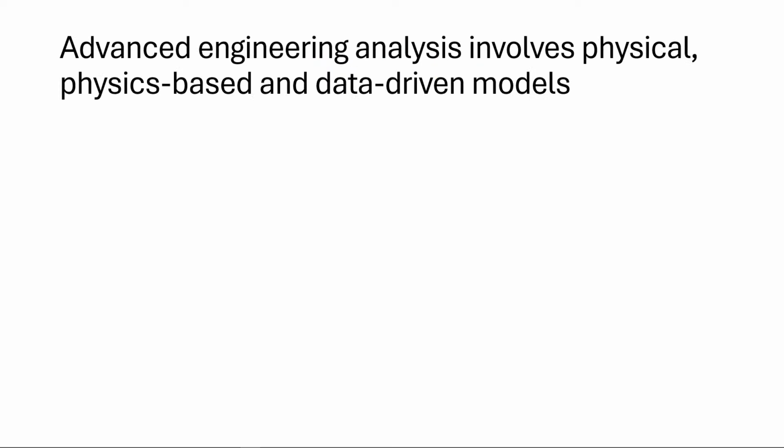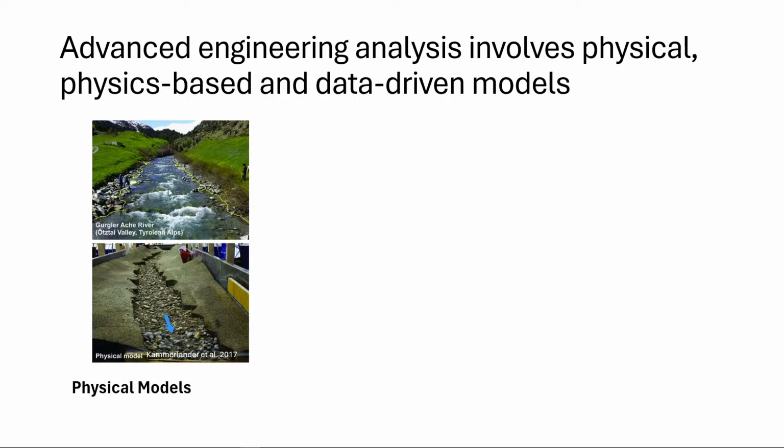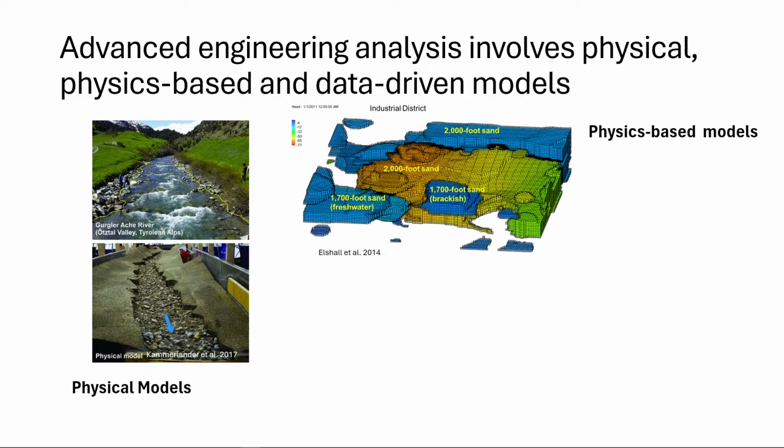So advanced engineering analysis involves physics-based and data-driven models. We looked at physical models already and how to develop a physical model for your prototype. We did this in module one. In this module we will basically look at physics-based models, which are generally based on differential equations or algebraic equations or something of that form.